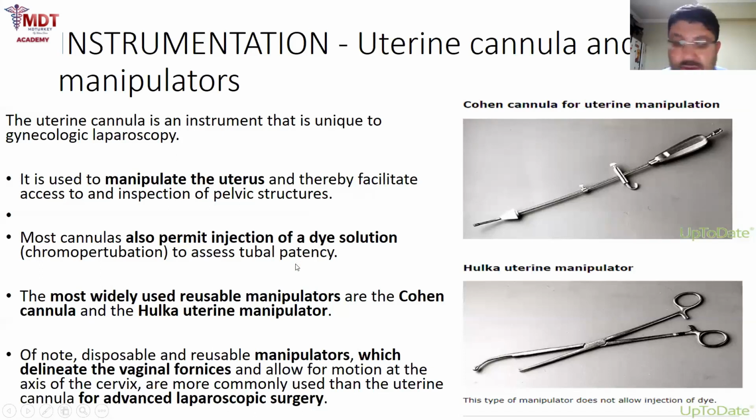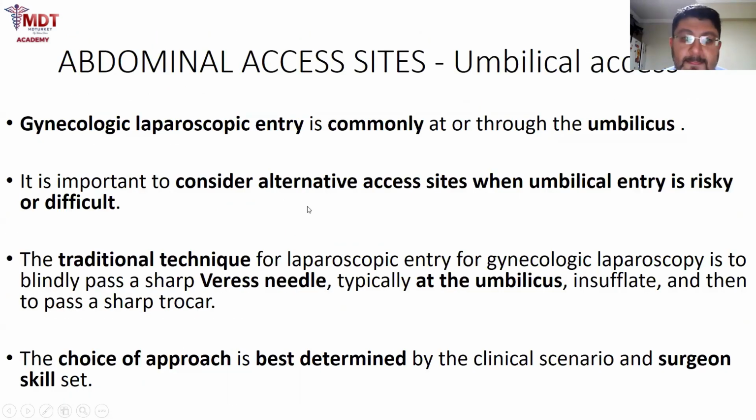Of course, disposable and reusable manipulators which delineate the vaginal fornices are also used, and we use those for advanced laparoscopic surgery. As we said in the last session, we commonly use the umbilicus as an access site to the abdomen.